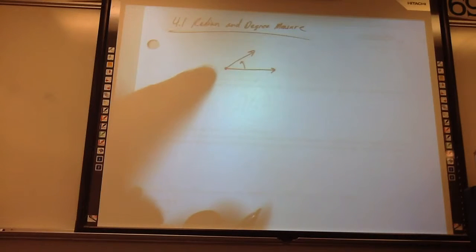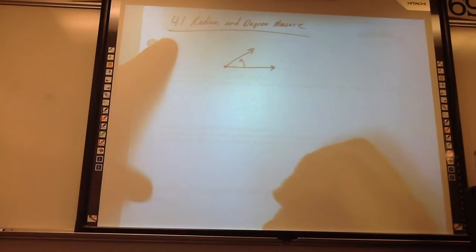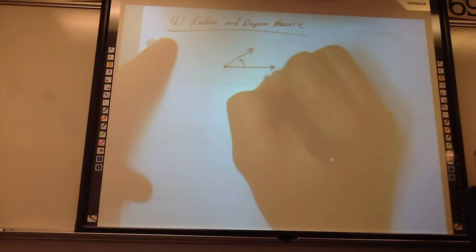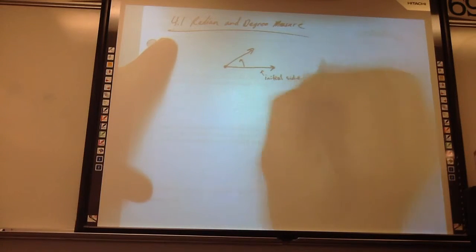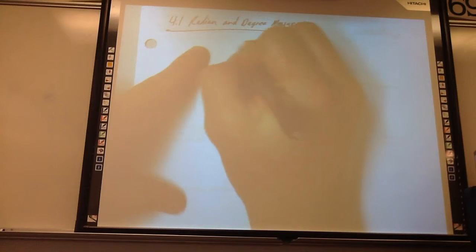It's the gap between two rays. This is called our initial side, the side I started with. Then I rotate it up, and wherever I stop, that's called the terminal side.